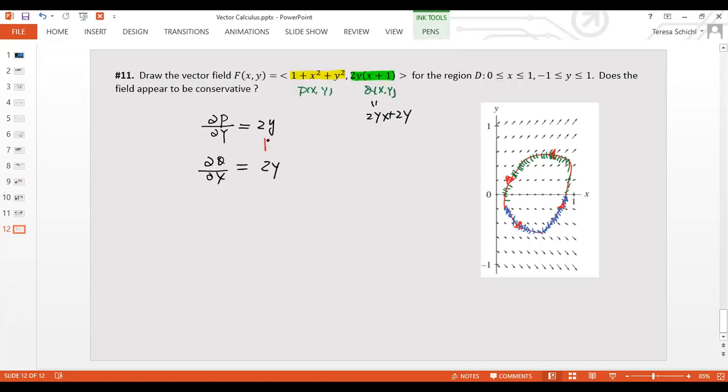Indeed, 2y equals 2y. So we know if partial P over partial y equals partial Q over partial x, then what do we say here? We say F of x, y is conservative. Okay, so this test is super easy, right? It's super easy to see that. Okay, all right, so that's it.